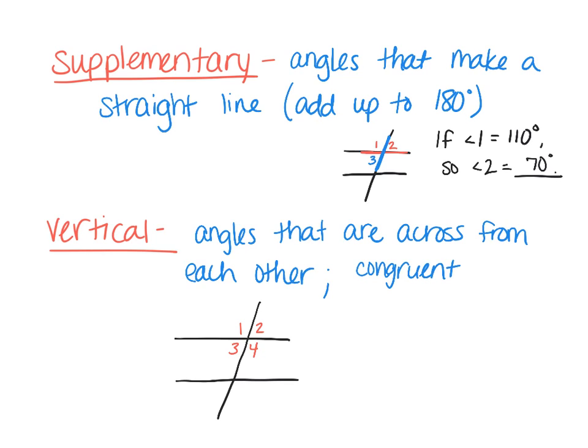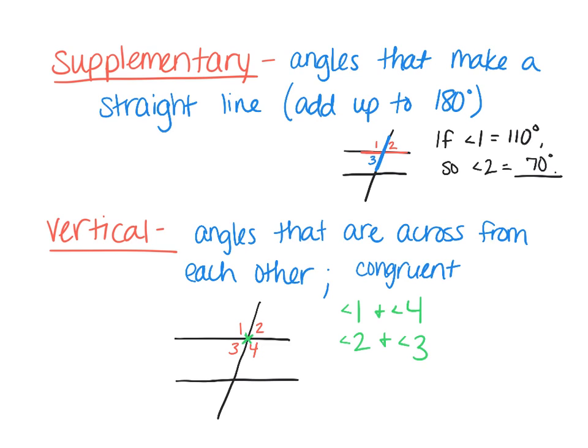For instance, vertical angles would be angle 1 and angle 4, because they are right across from each other. Angle 2 and angle 3 would be vertical angles because they are right across from each other.